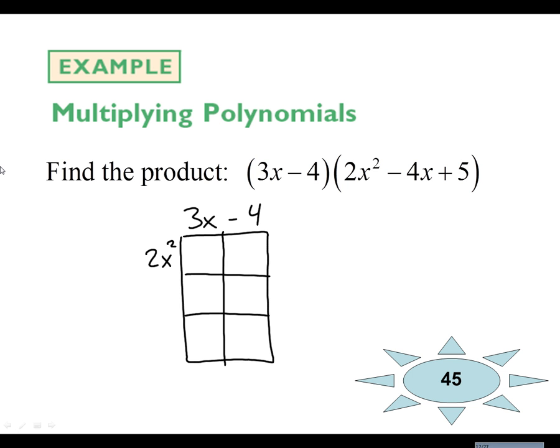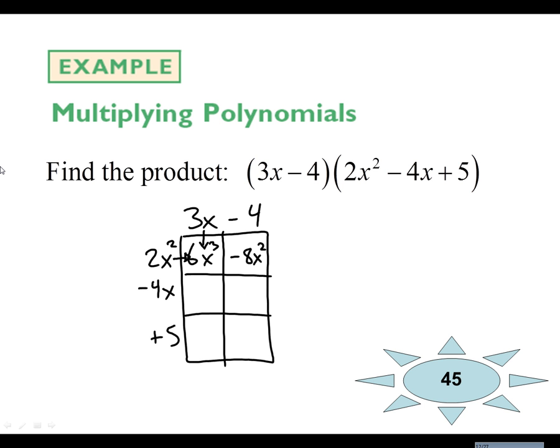2x squared minus 4x plus 5, and so we've got 6x cubed minus 8x squared, and all I'm doing here is I'm just going to match up straight down and straight across and multiply.